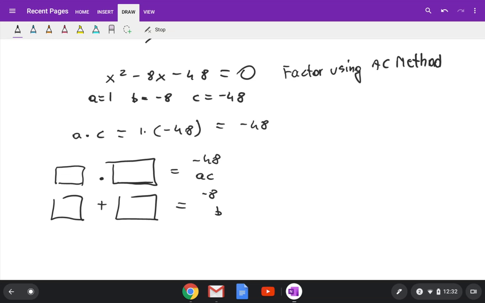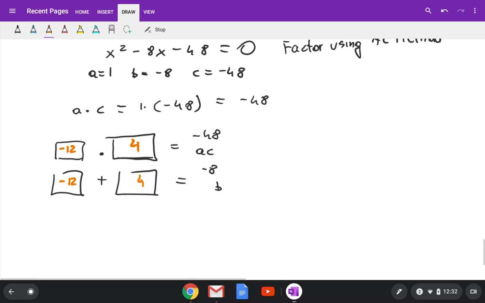So what's going to work? Negative 12 and positive 4. Negative 12 times 4 is negative 48, and negative 12 plus 4 gives us negative 8. And now we create factors: parenthesis times parenthesis equals 0. You're putting x in each. The first factor was negative 12, so you're putting negative 12.